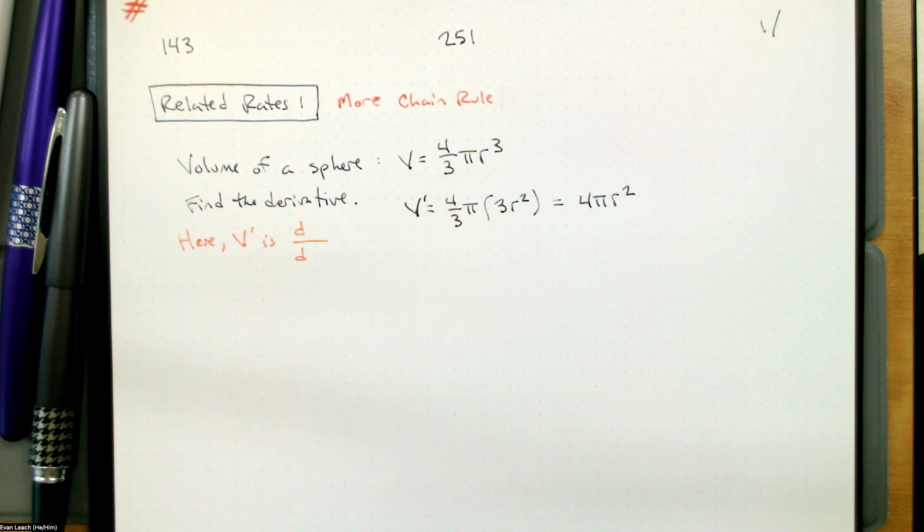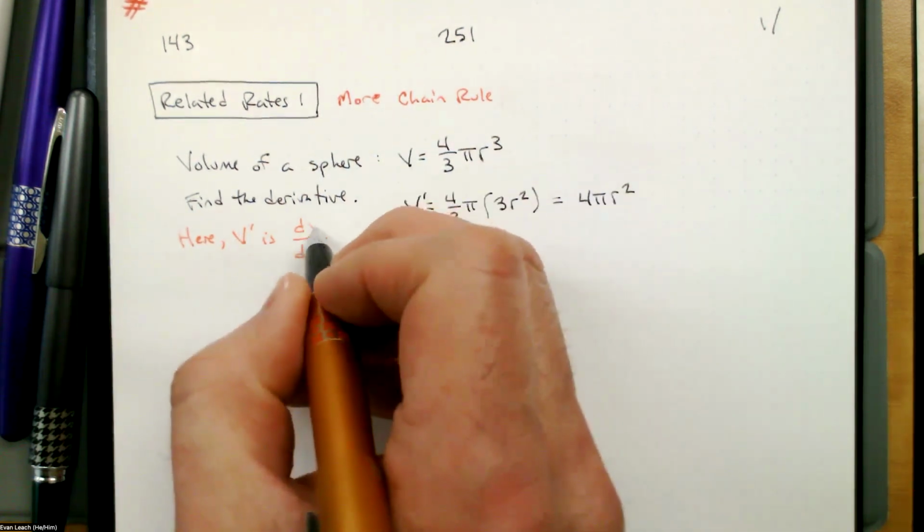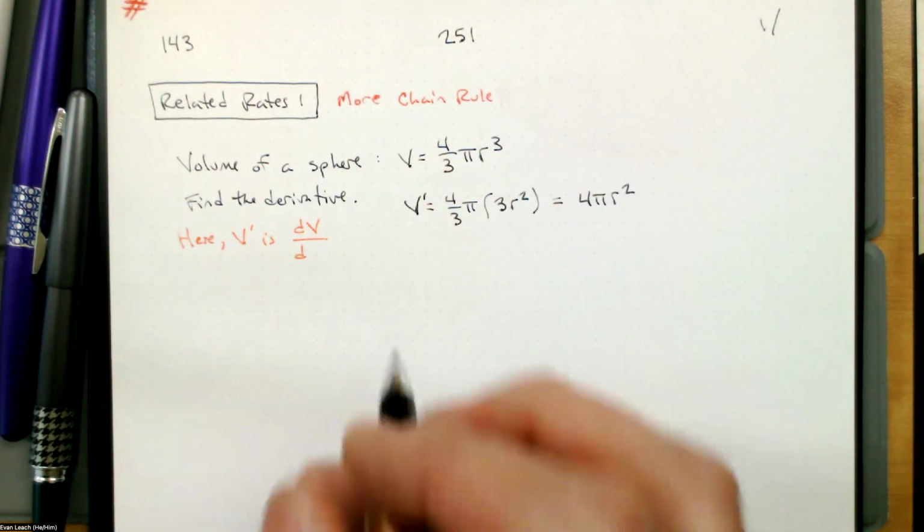I want to write this derivative in Leibniz notation. What did we take the derivative of? What did we take the derivative with respect to? So the numerator is what we took the derivative of. What do we take the derivative of? It's v. What do we take the derivative with respect to? That's r.